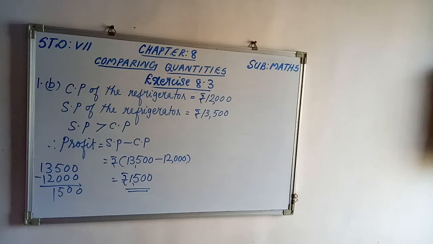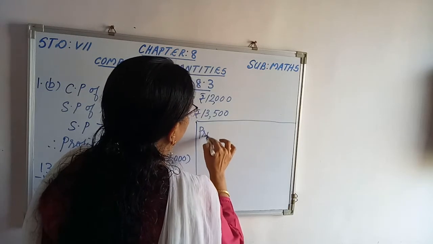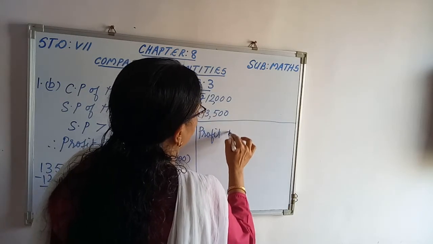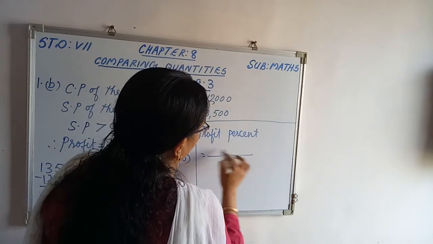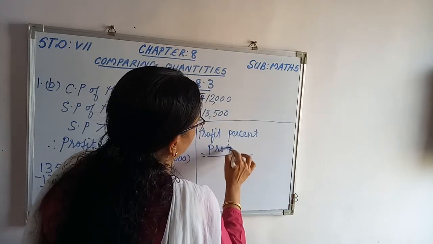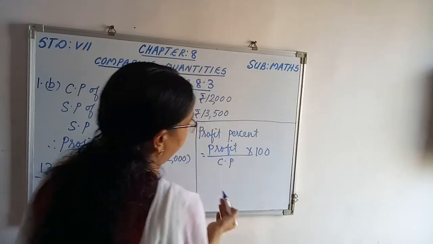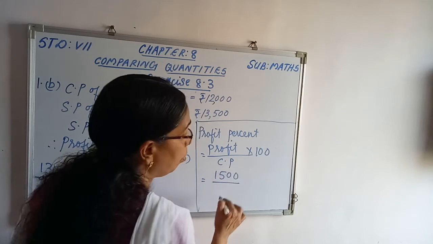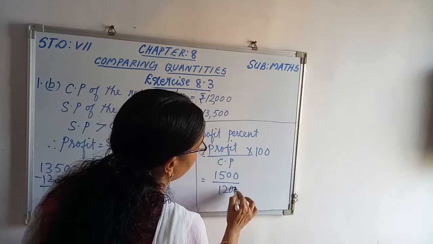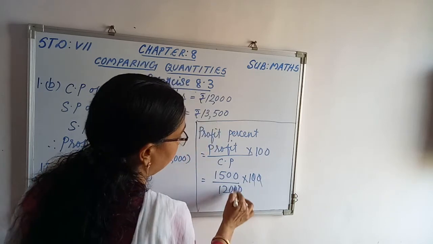Okay. Now we have to find out profit percent. So profit percent is equal to profit upon cost price multiplied by 100. That's equal to 1,500 upon 12,000 multiplied by 100. Cancel.